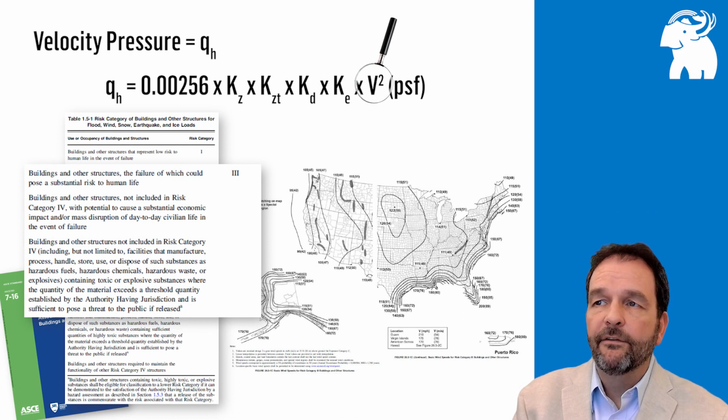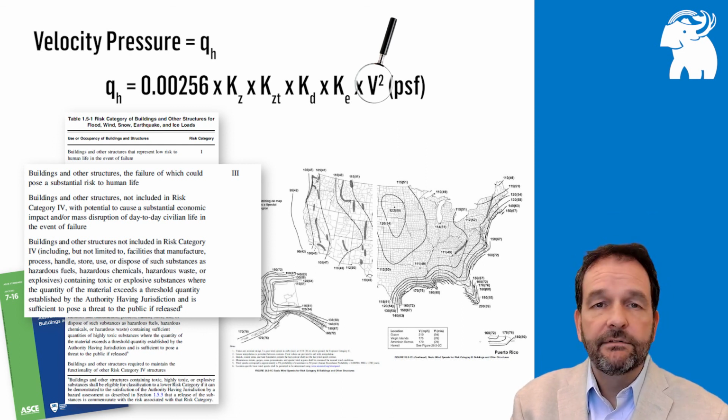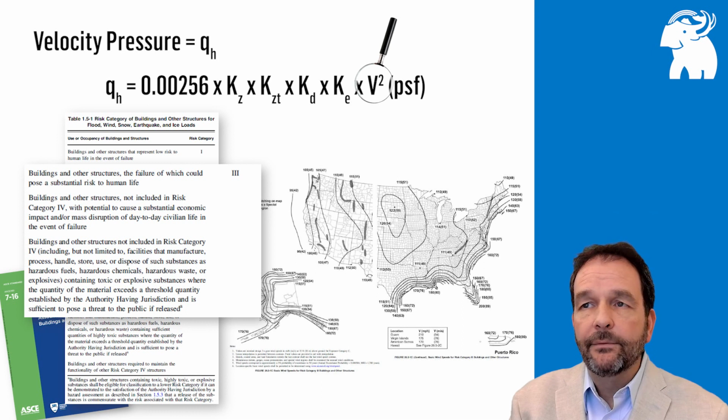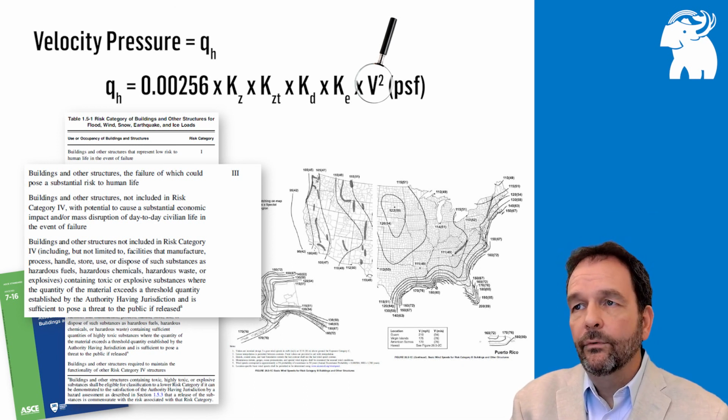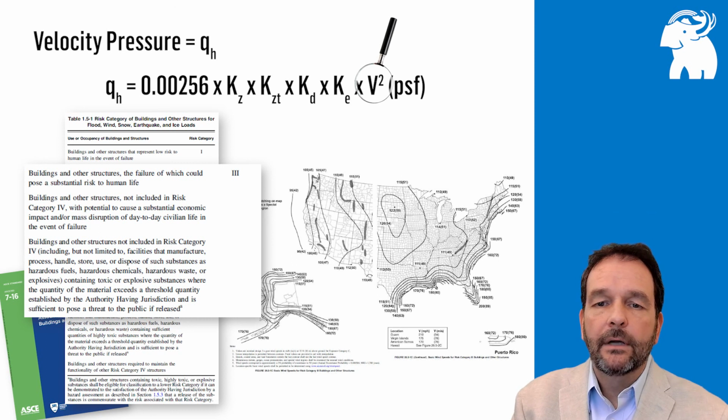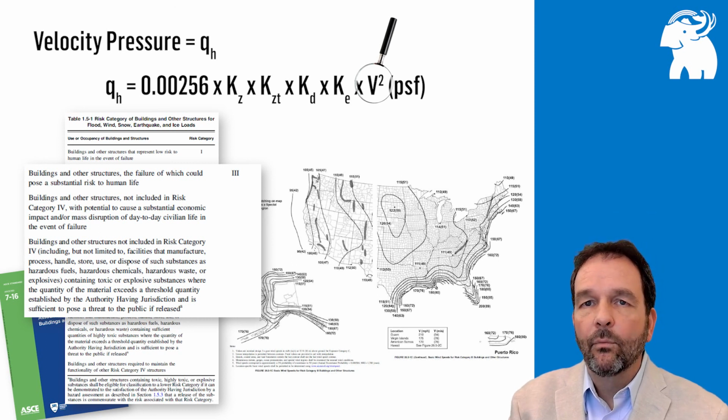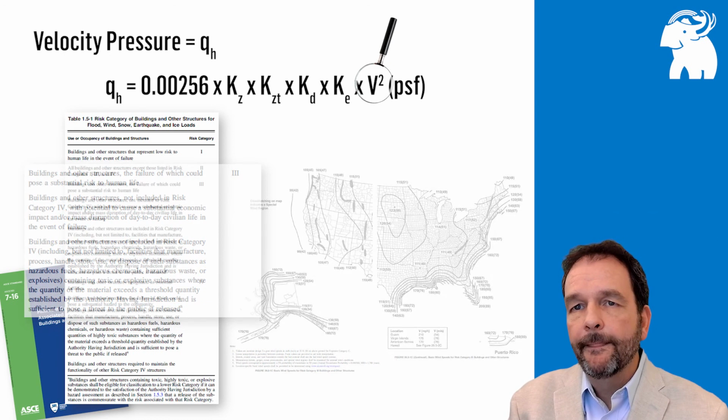It's got an annual probability of 0.06%, a 1,700-year mean recurrence interval for this wind speed, so more conservative, and would be chosen for higher risk buildings or more substantial buildings that pose a risk to human life.